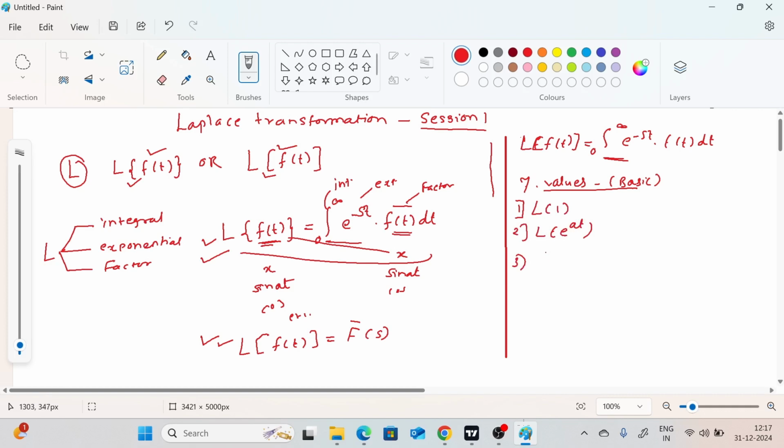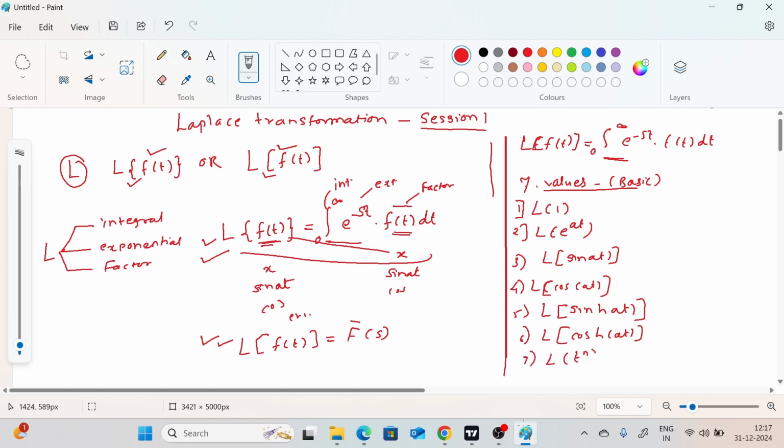Third, Laplace of sine at. Fourth, Laplace of cos at. Fifth, Laplace of sine hyperbolic at. Sixth, Laplace of cos hyperbolic at. And seventh, Laplace of e raised to n.